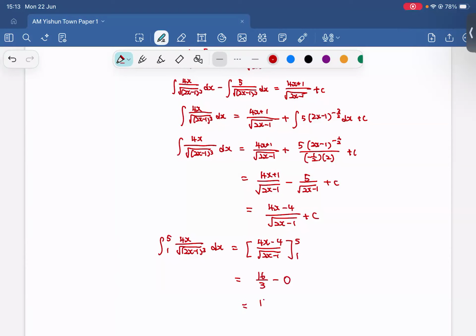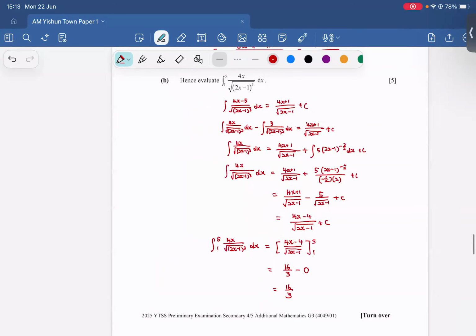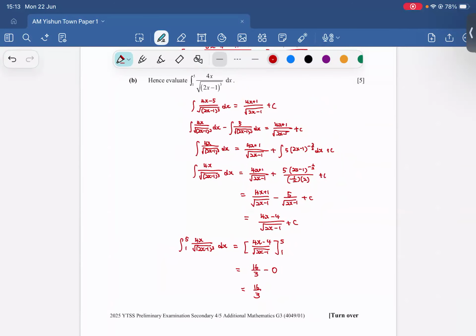So it's 16. If you want to put the (5, 1) in from the start, then this c will disappear, but there will be this (5, 1) here already. It depends on what you want to do. You can do the integration first, then later put the (5, 1) in at the last part. Or you can put the (5, 1) in, then later do your integration. You need to know which r will give you x power 4.